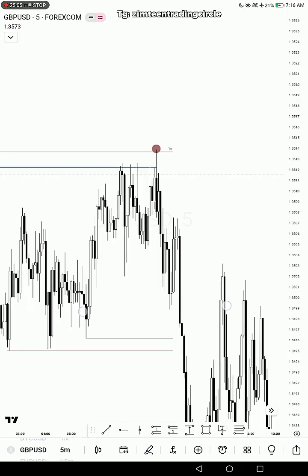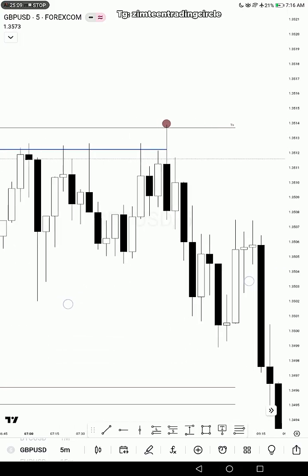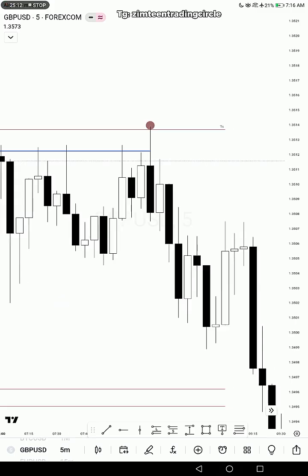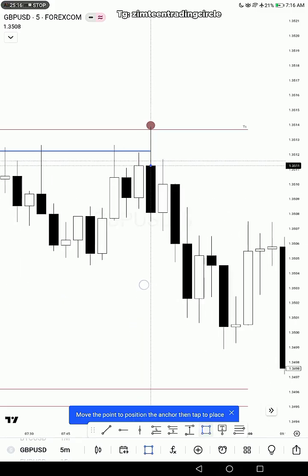So right here we can't see a clear order block. And that doesn't mean that you are wrong, no, but right here we can see a rejection block from this high to the open.